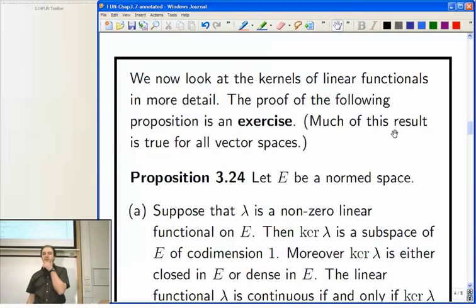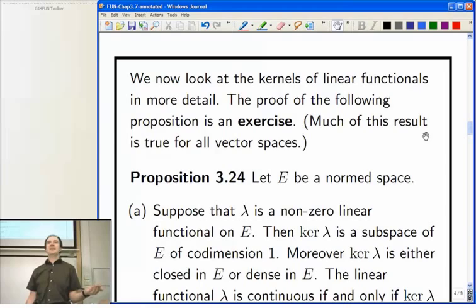So let's relate what we were talking about before about codimension 1 to linear functionals. And again, this all connects up with the isomorphism theorem, because a linear functional is a map from your space to a one-dimensional space. What are the possible images in general of a linear functional? The image of a linear functional is a subspace of the codomain.